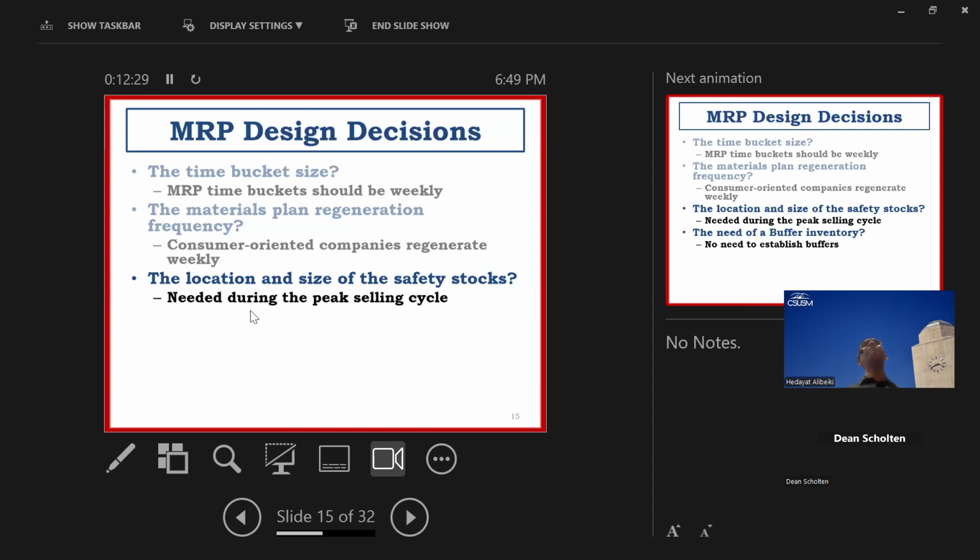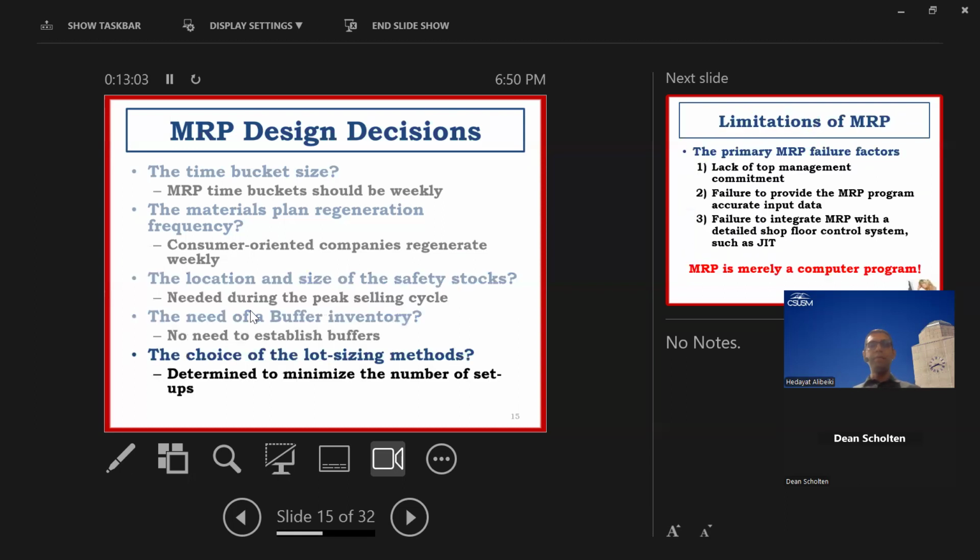If you don't have uncertainty in demand and lead time, do we need to keep safety stock? Not much, right? If you can 100% predict how much demand you're going to have and how long it takes to get the product, you can plan ahead and try to avoid the safety stock. The reason we keep safety stock is because we have uncertainty, right? And that's why.